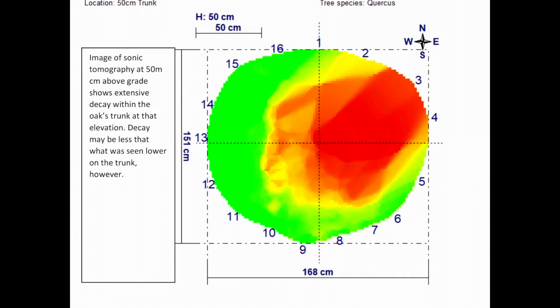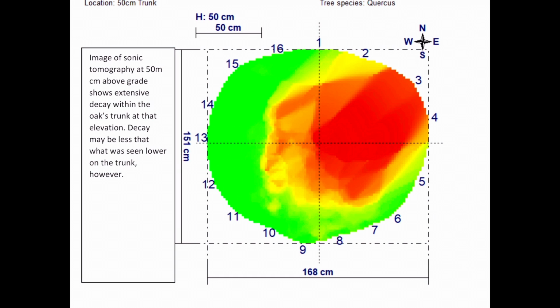Okay, so this is showing the tomogram. It's the readout from the sonic tomography testing that was done on this oak tree. It shows up at the top left that it was done 50 centimeters or about 20 inches from ground level. And this is a cross-section representation of the inside of the tree. Starting at the top and working your way left and wrapping around over to sensor number 5 is showing structurally sound wood.